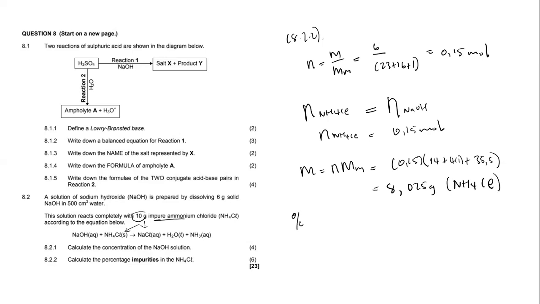So we're going to say percentage purity is equal to the mass of pure substance divided by the mass of impure substance, multiplied by 100.